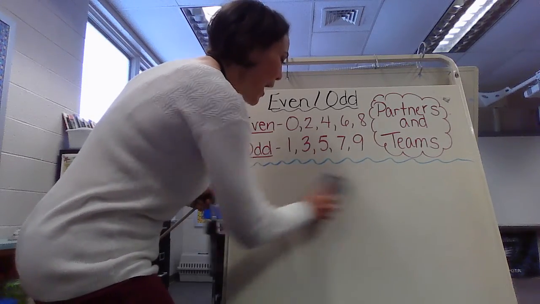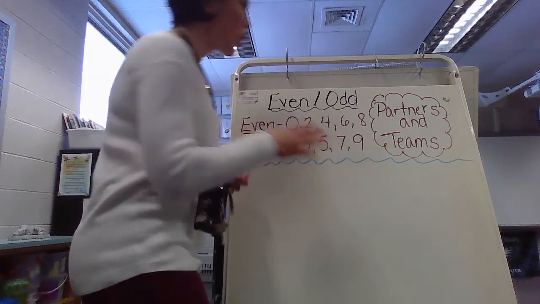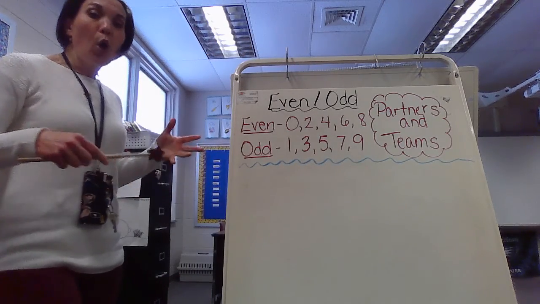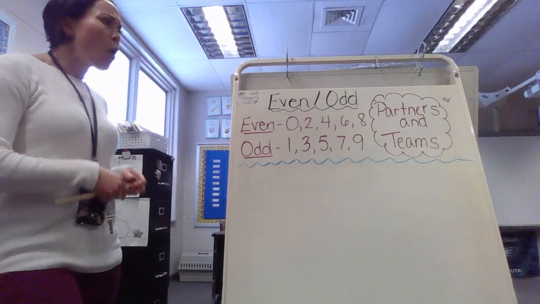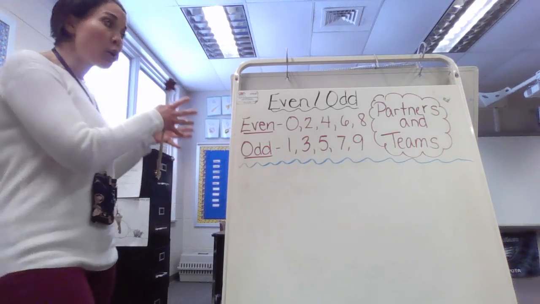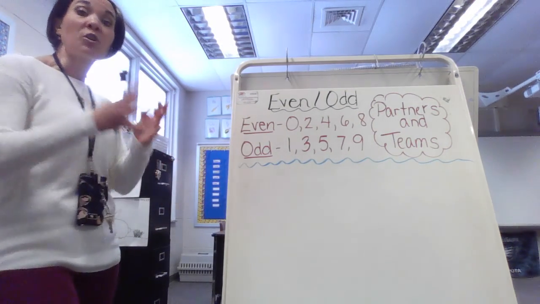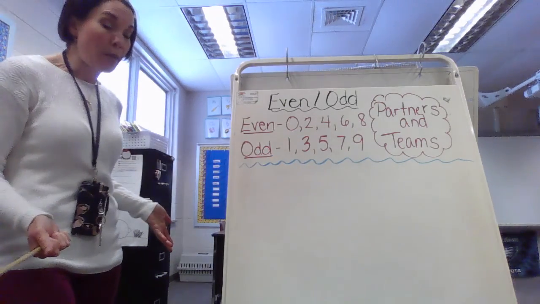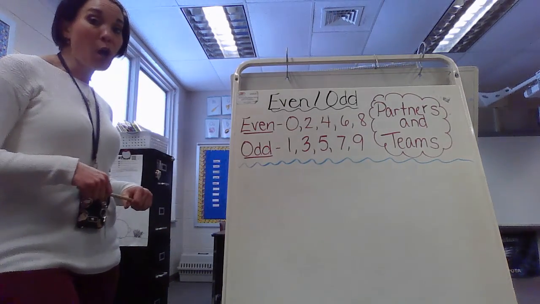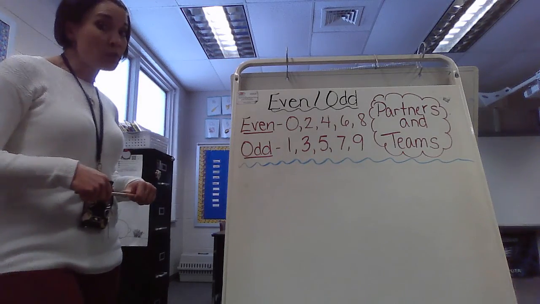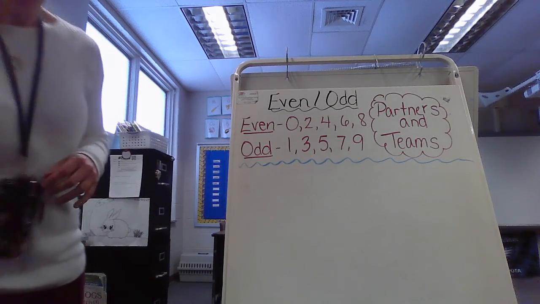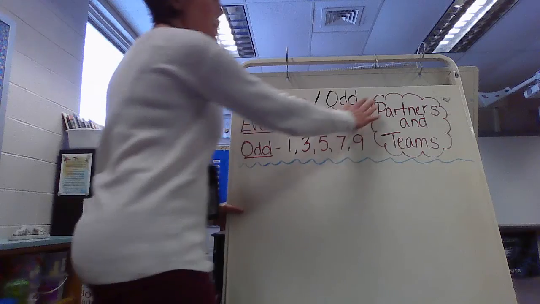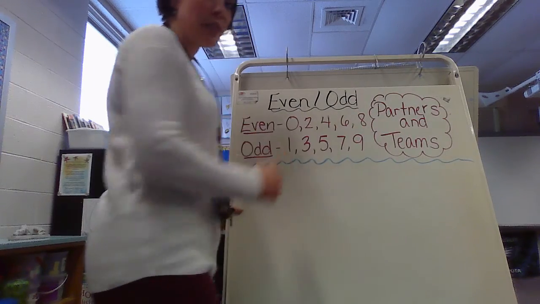But what happens if you need to show work, to show how you understand a number could be even versus odd? Rather than just doing a super quick rhyme, you might need to show how a number is even versus odd. In this little bubble I have partners and teams.